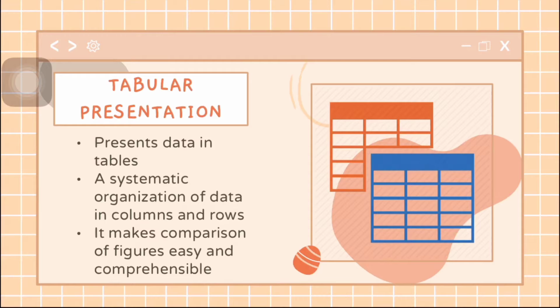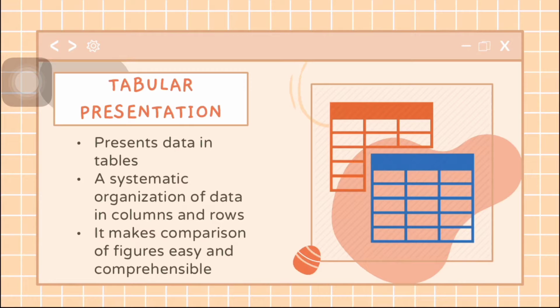From the word itself, tabular, it represents data in the use of tables, a systematic organization of data in columns and rows. It gives a more precise, systematic, and orderly presentation of data in rows and columns.